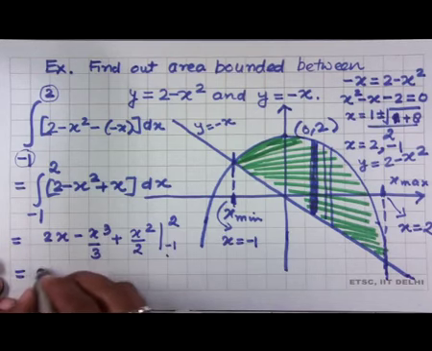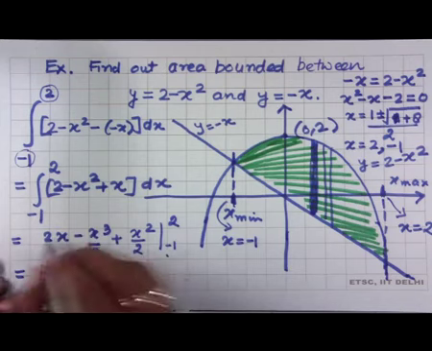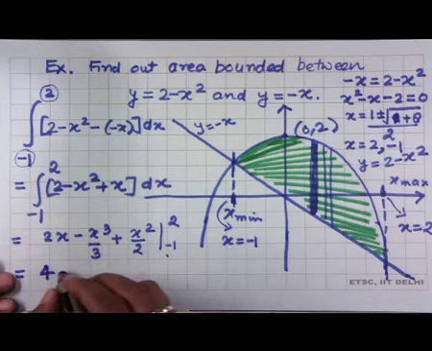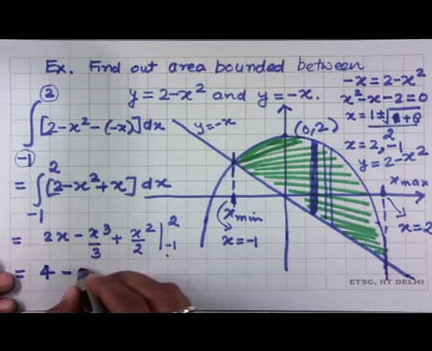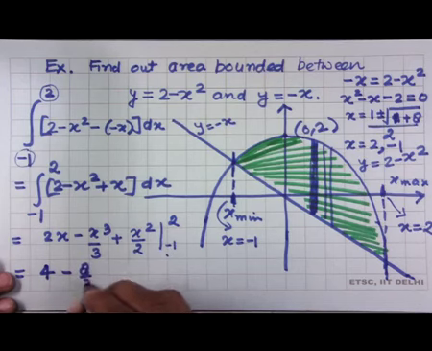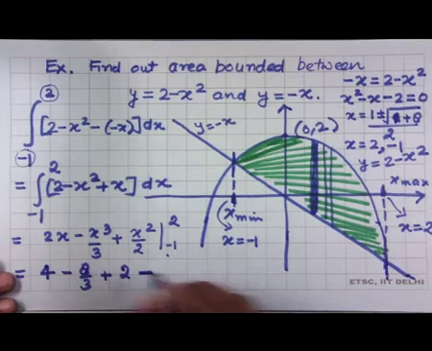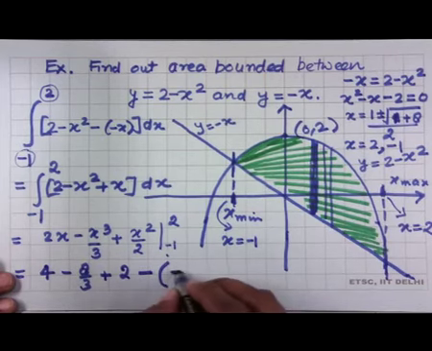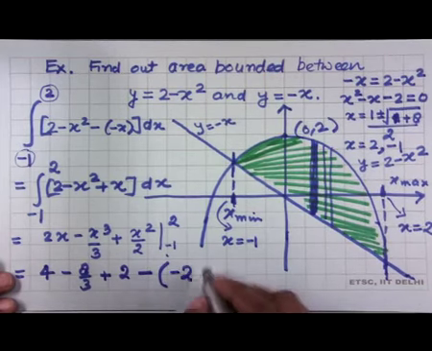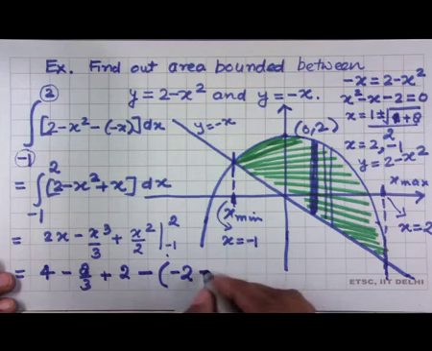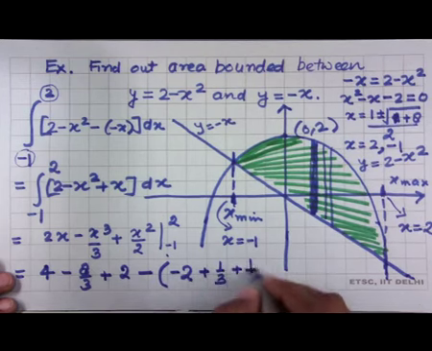So, we get upper limit, value of the antiderivative at upper limit is 4 plus 2 minus 2, minus plus 1 by 3 plus 1 by 2.